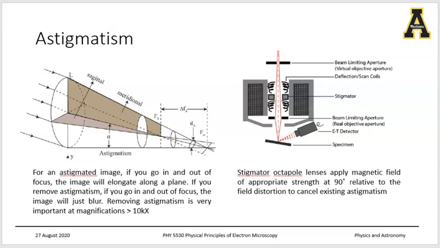Okay, so let's try to understand what is the origin of this. Now, if you have an imperfection in the coil through which your beam is passing, all the different lenses that we spoke about, it so happens that the electron beams coming in two different planes can have different focal lengths, right?